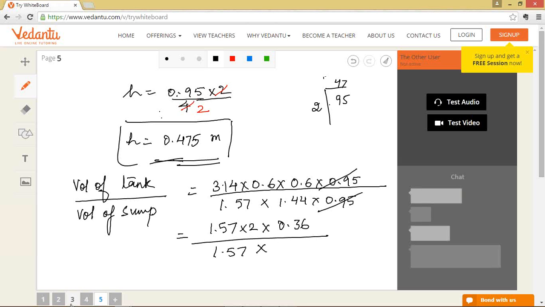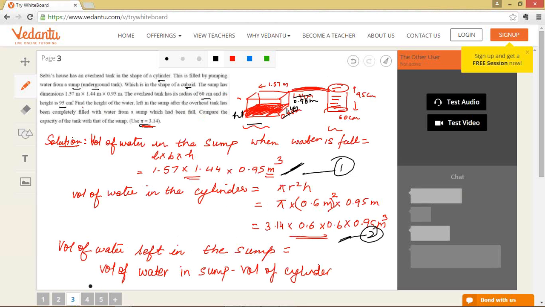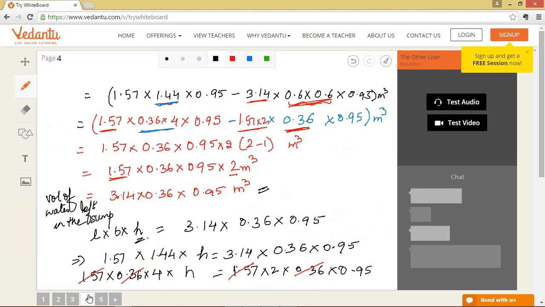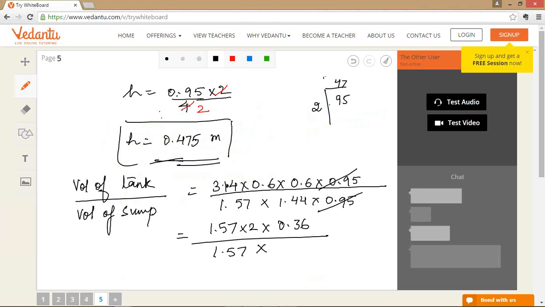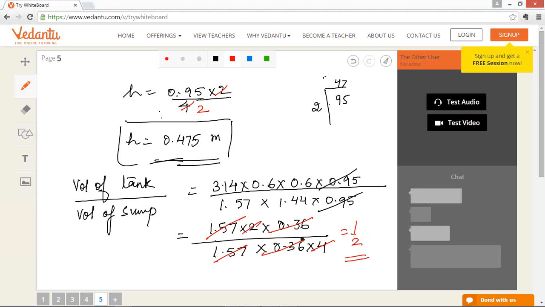If you remember, we converted 1.44 on the previous page as 0.36 into 4. See how converting and simplifying without multiplying can give us the answer in a simple manner. So the ratio becomes 1:2.